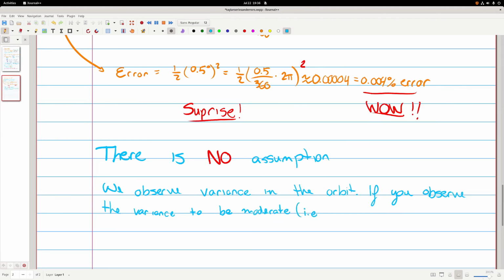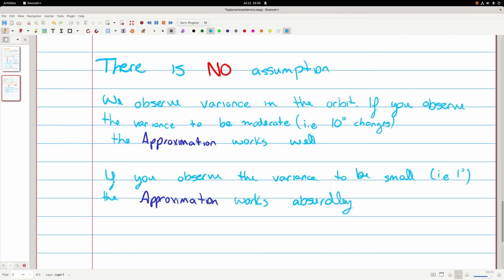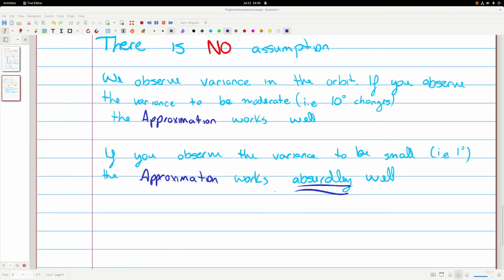When you know the eccentricity, you can find the variation in the actual angle, and you'll find it to be around 1 degree. 1 degree allows you to approximate sine theta equals x to 0.004%. Thus, our use of a right-angled triangle and circular orbits is not an assumption, but in fact a very, very, very good approximation.